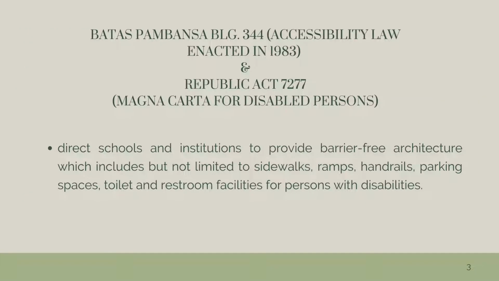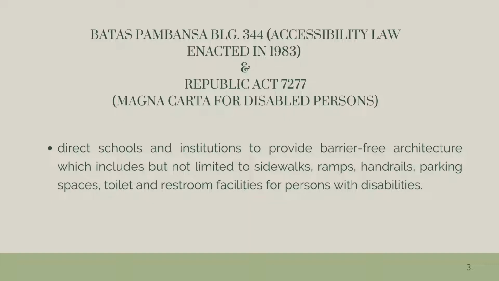Batas Pambansa Blg. 344, otherwise known as the Accessibility Law, enacted in 1983, and Republic Act 7277 or the Magna Carta for Disabled Persons, direct schools and institutions to provide barrier-free architecture, which includes but is not limited to sidewalks, ramps, handrails, parking spaces, toilet, and restroom facilities for persons with disabilities.